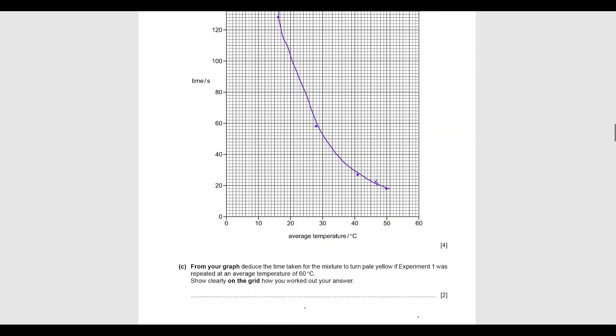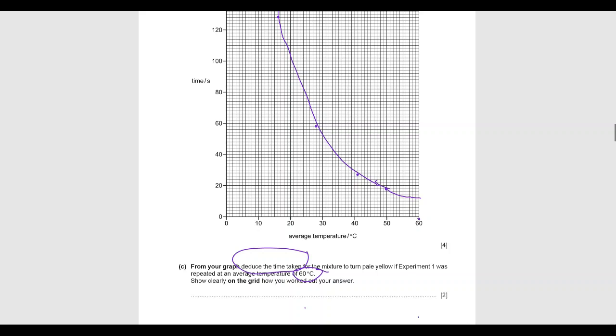Okay, then question C: from your graph, deduce the time. That means deduce, you need to take it from your graph, for the mixture to turn pale yellow, if experiment 1 was repeated and the average temperature is 60. In your opinion, what's the time taken for the mixture to turn pale yellow? You will continue with this line till the 60.